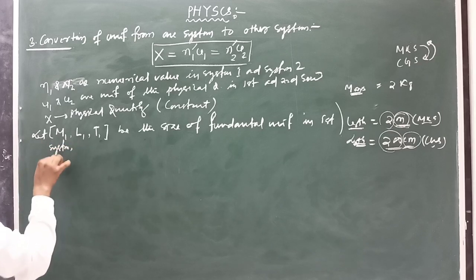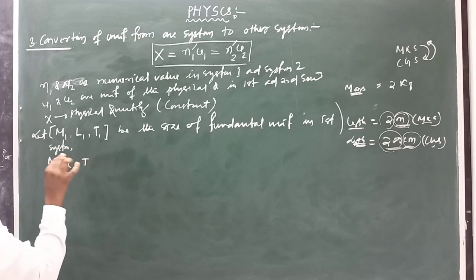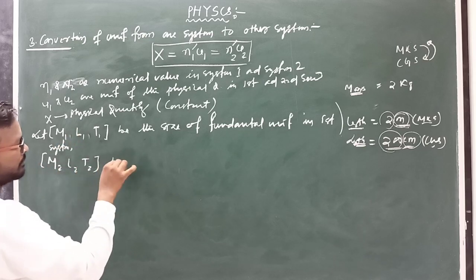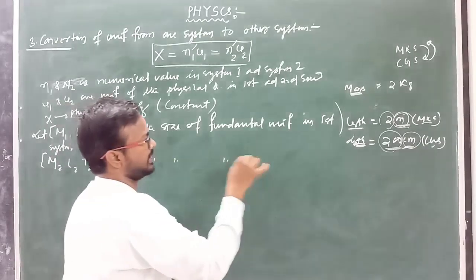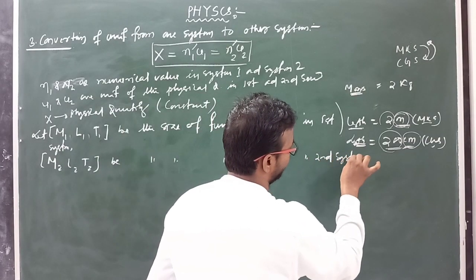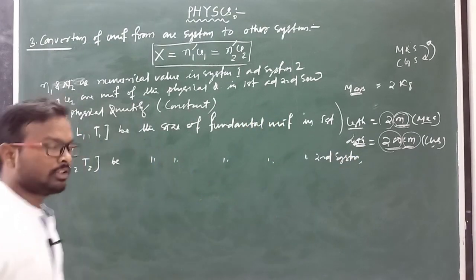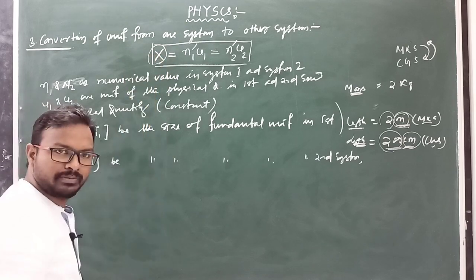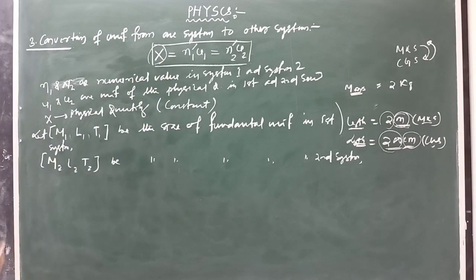Similarly, M2, L2, T2 be the size of the fundamental units in the second system. Clear? Okay, but here the physical quantity remains constant, so we can write this physical quantity.